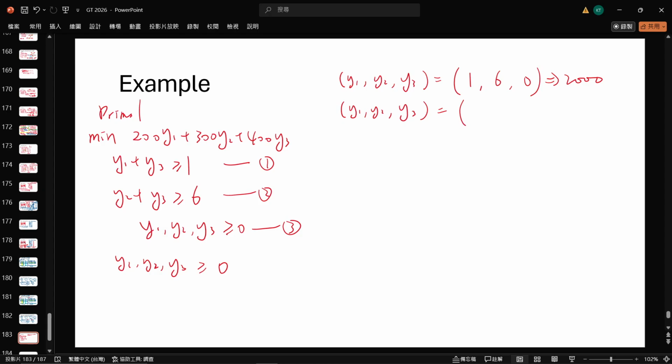This time I can try, for example, making y3 1 and y1 0. According to the constraints, we only have two constraints. Because now y3 is 1, y2 is at most 5.